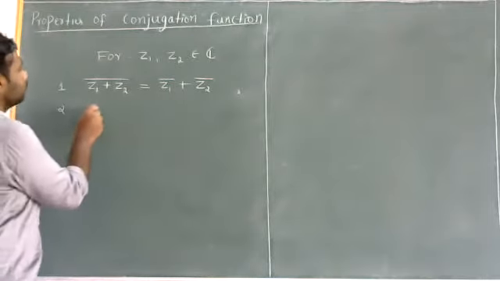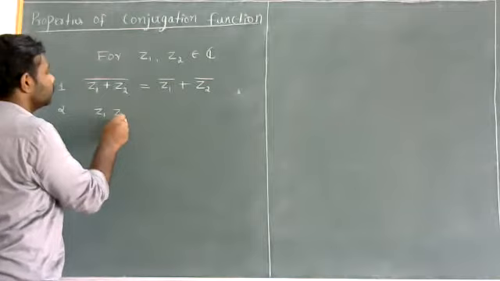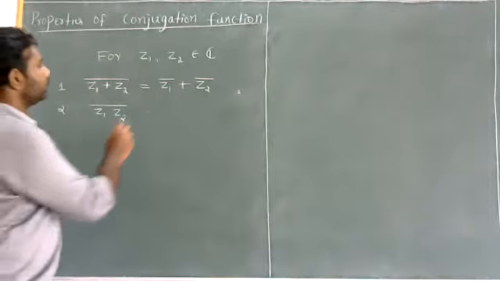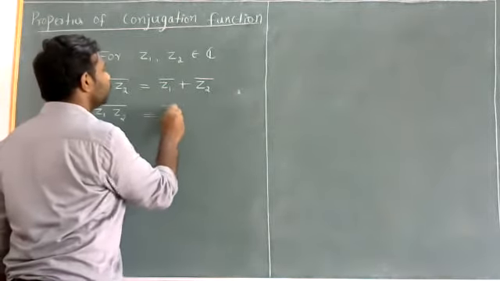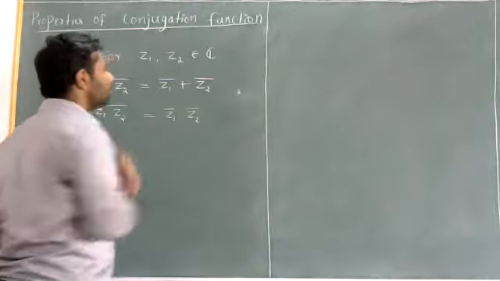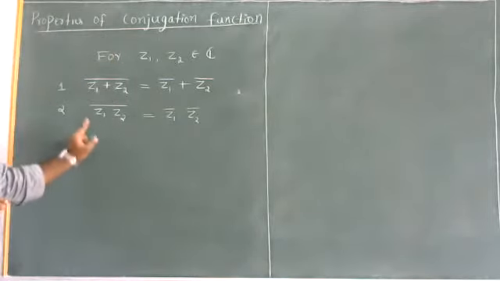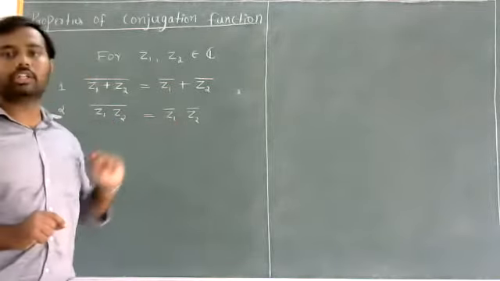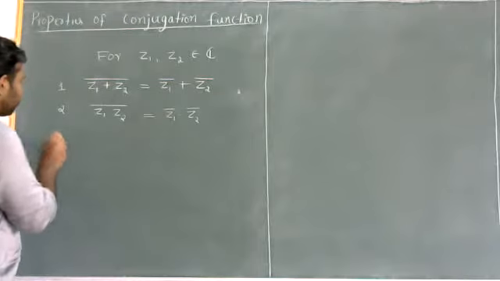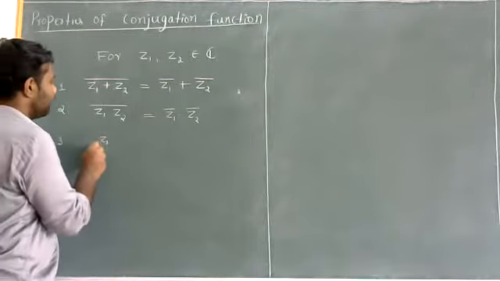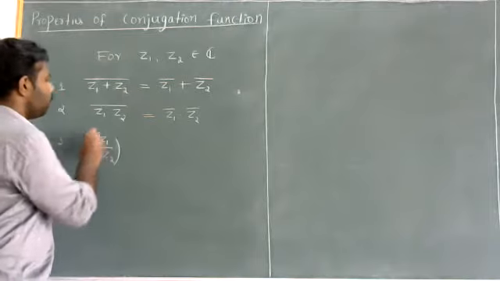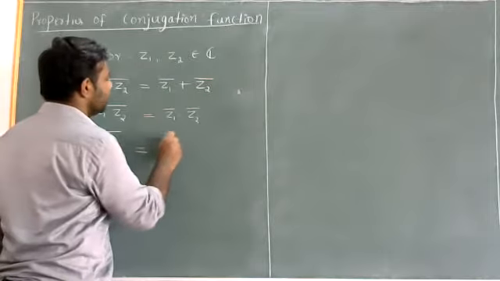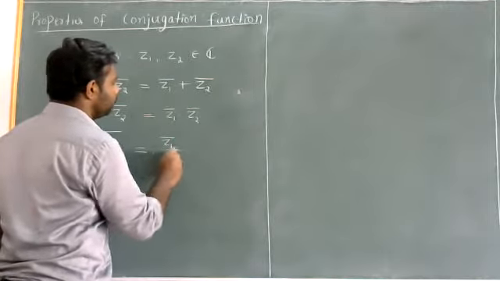Second one is z1 into z2 whole bar. That is, conjugate of z1 into z2 is conjugate of z1 into conjugate of z2. That is, conjugate of the product is product of the conjugates. The third property is z1 by z2 whole bar is z1 bar by z2 bar.